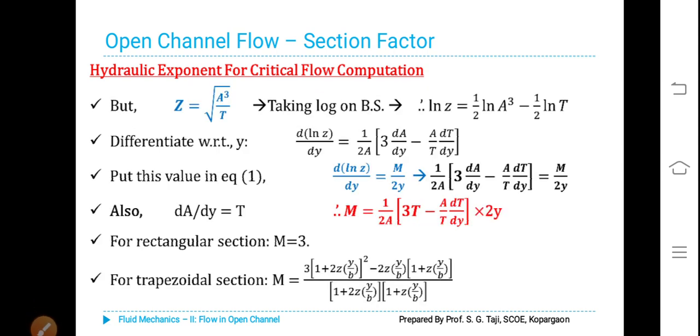Open channel flow, section factor is continued on this slide also. Hydraulic exponent for critical flow computation.